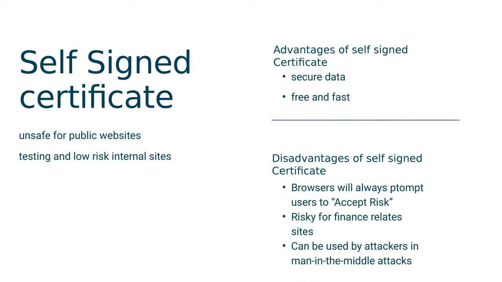Now, the advantage of using the self-signed is that it is fast. You just run a couple of commands in your command line, which we'll see later, and that's it. You get your certificate. It's very fast, and it's free. You don't need to pay anything for it. Whereas the one signed by the CA, it's not free. You have to pay something for it.